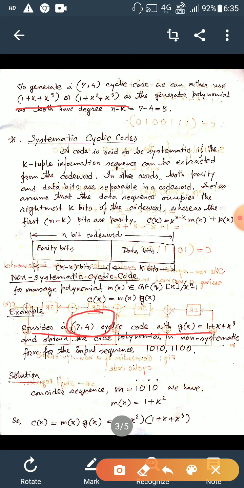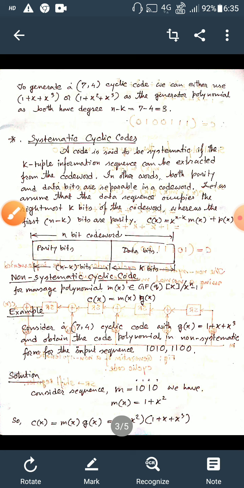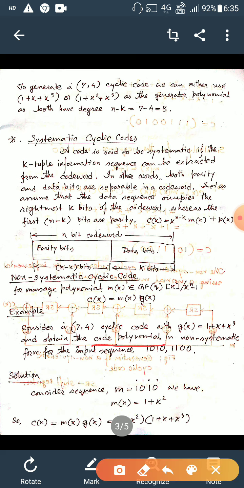So in this case it is considered as 1 plus x plus x cube, and obtain the code polynomial in the non-systematic form for the input sequences 1010 and 1100.